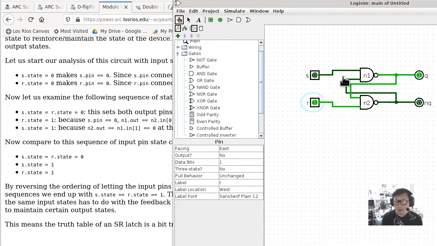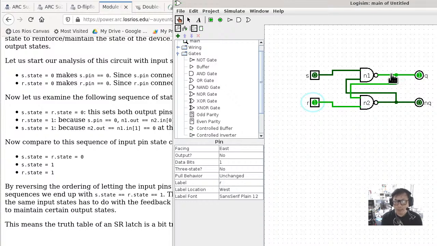Now we look at the transition. If S is to switch from a 0 to a 1, then the first input pin of N1 would go from 0 to a 1. However, that is not going to change anything, because the second input pin of N1 is still getting a 0 from N2. As a result, the output of N1 will remain to be a 1.